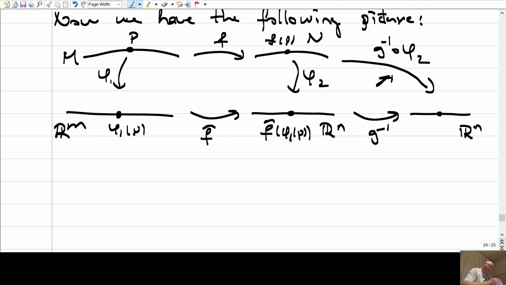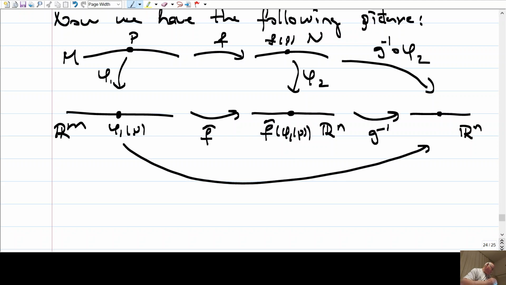Instead of phi 2, I have this coordinate system. And I claim that this map here is the required map. So what is this? F tilde composition G inverse.